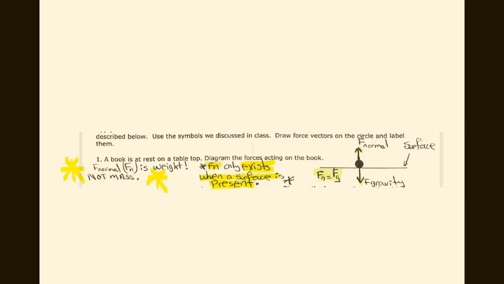Okay, so now we see the whole picture all together. Force normal, or Fn, is weight. Weight is different from mass, so just keep that. This is an important thing. I've said it multiple times, and I'm going to continue to say it. Weight and mass are two different things.